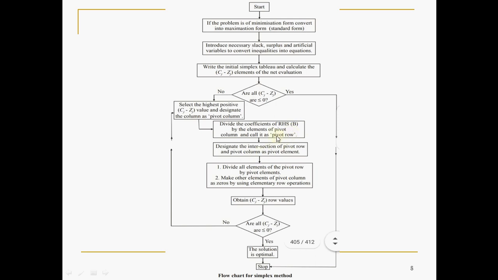Once you get the pivotal row and pivotal column, you will get the pivot element. Keep the pivot element 1, replace the leaving variable with the entering variable. Then using suitable row operations, make zeros of the other pivot column elements. Then check for Cj minus Zj. If all Cj minus Zj are lesser than or equal to 0, the solution is optimal.